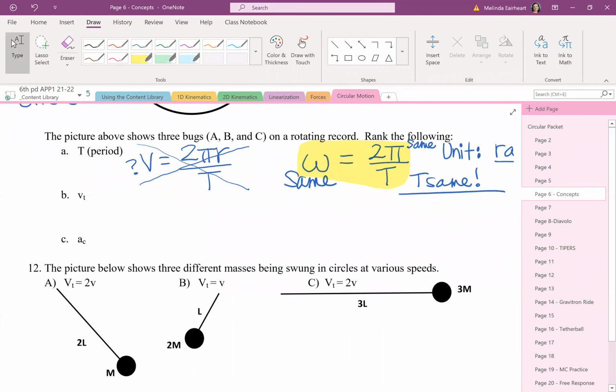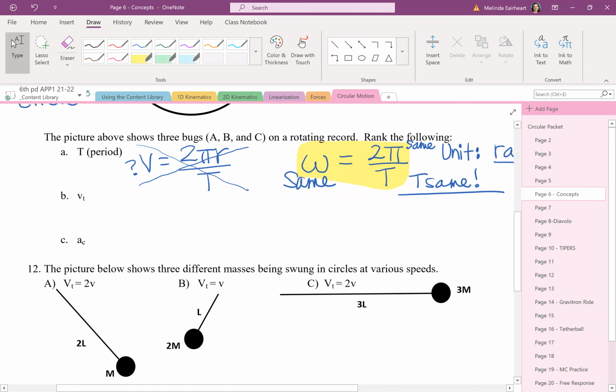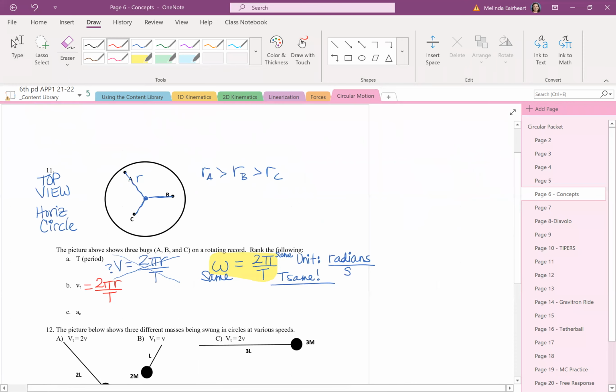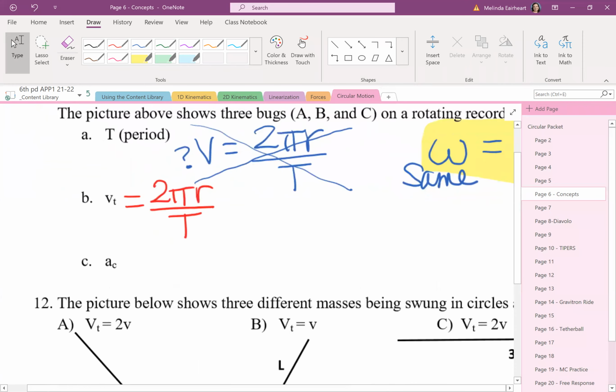Okay, v_t, tangent velocity, or that speed. Now that we know something about the period and the radius, can't we use the equation that we wrote down before? Looking at velocity or speed as 2 pi r, circumference, over period. Oh, wait a second.